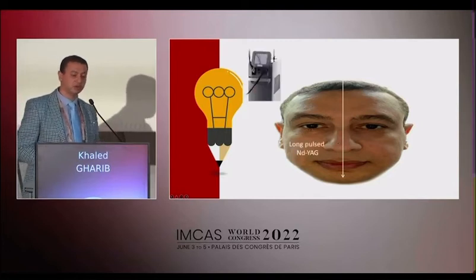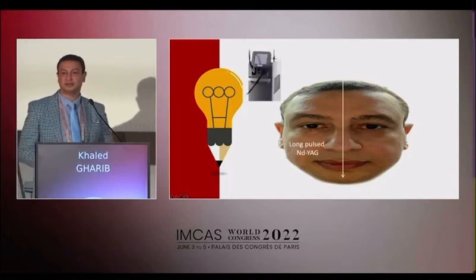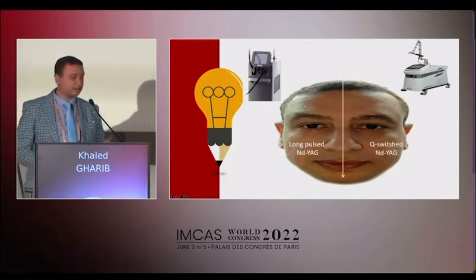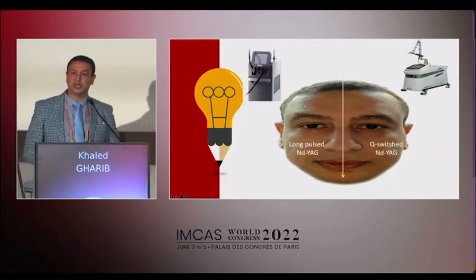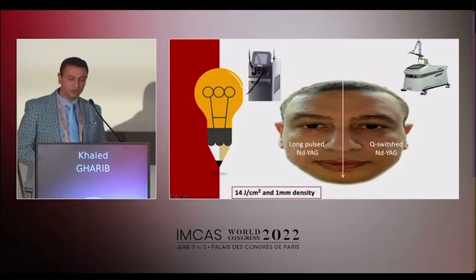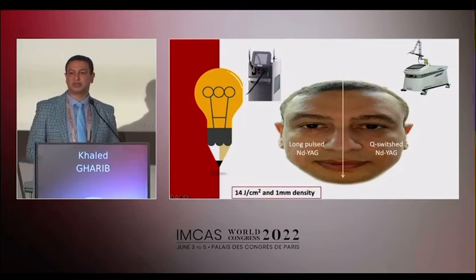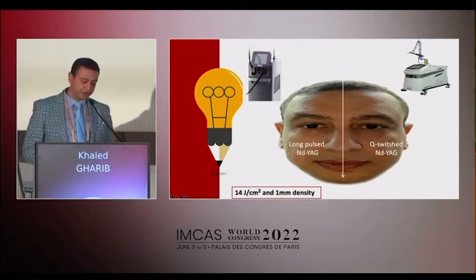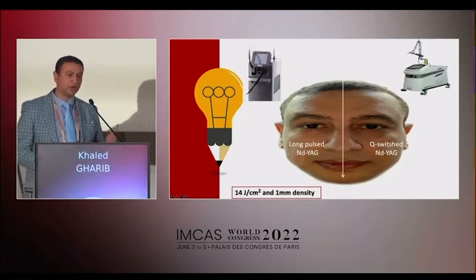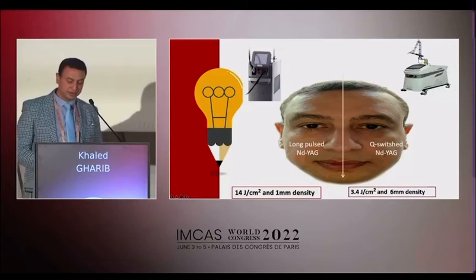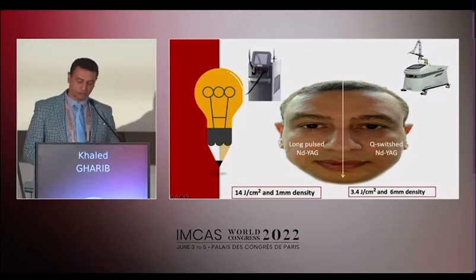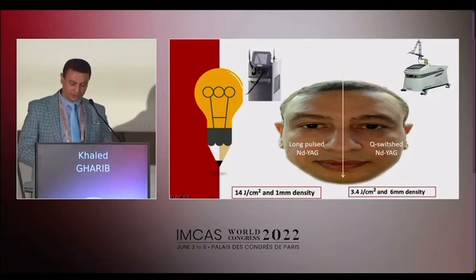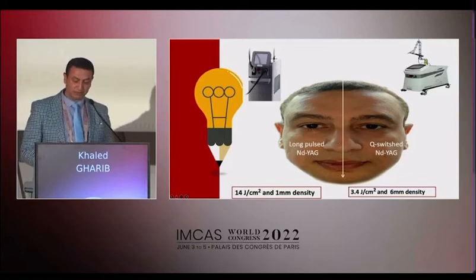On the right side, we did long-pulsed NdYAG 1064, and on the left side, Q-switched NdYAG. We tried to use the same parameters but they differ between the long pulse and Q-switched because of the side effects: 14 joules per square centimeter and 1 millimeter density on the right side, and on the left side 3.4 joules per square centimeter and 6 millimeter density.